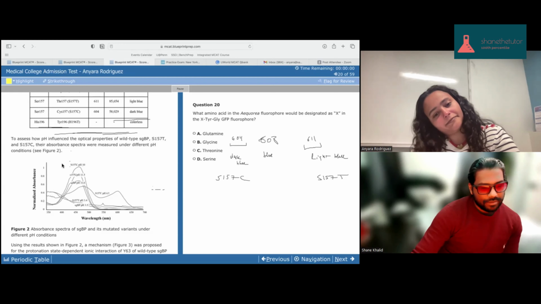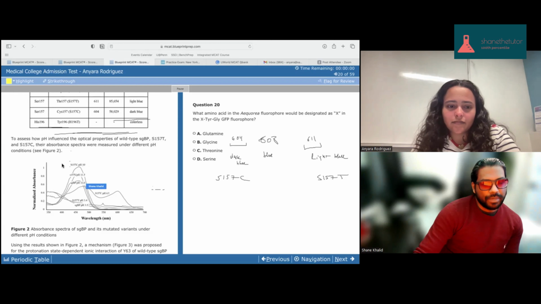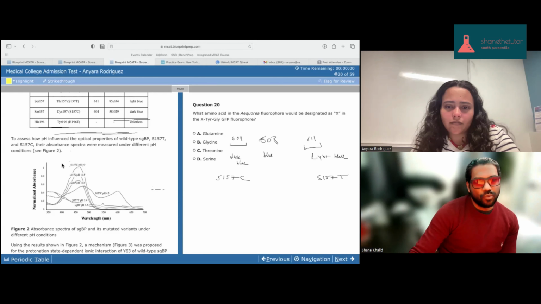I think it would be easy to think of it as pH above 7 gives you these types of values, because the pH is going to determine what gets protonated and what doesn't. And they say that affects the absorption spectra.